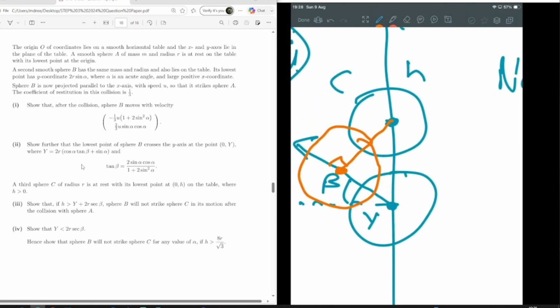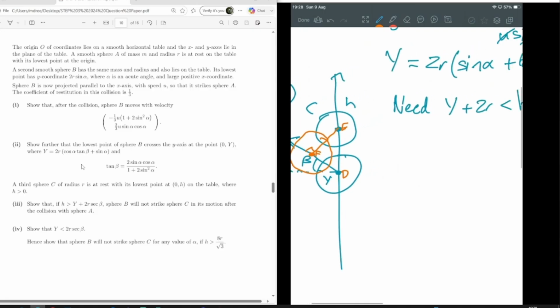I call this the center of C. Let's call these D, E, and F. So then EF is the shortest distance.